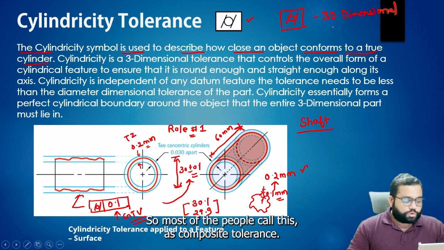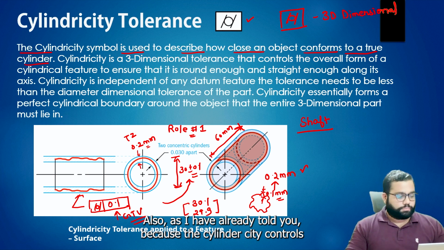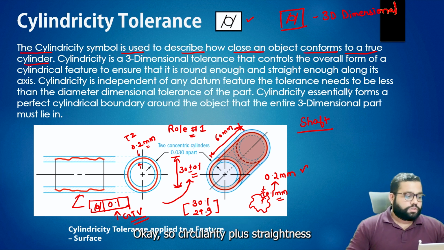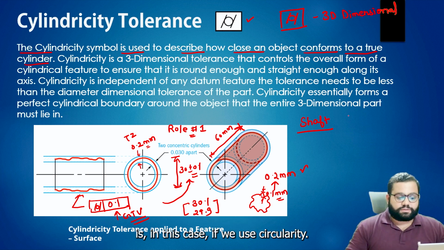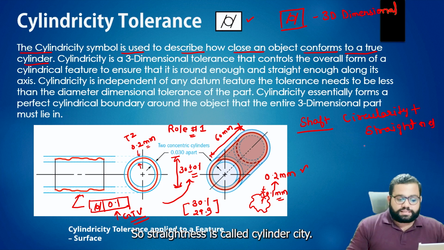Most people call this a composite tolerance also, as I have already told you, because cylindricity controls the circularity as well as the straightness. So circularity plus straightness is called cylindricity.